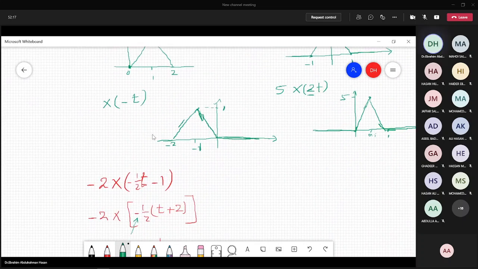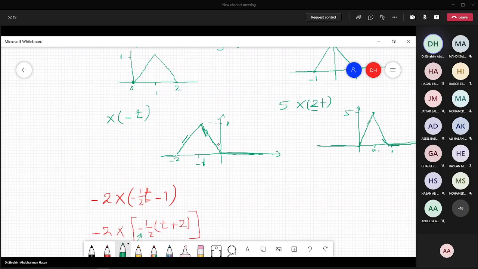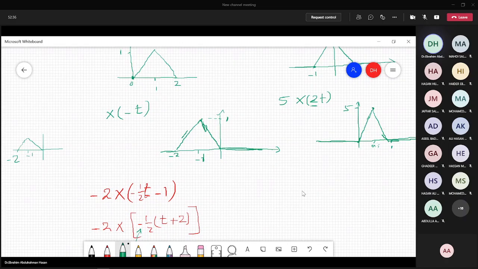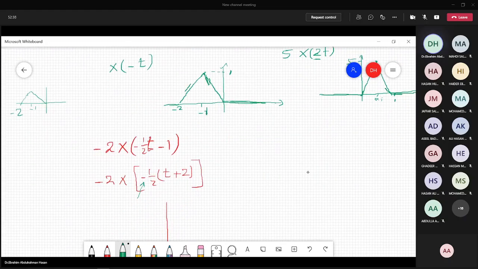Okay, part number 1, we flip it. It means that we will have this. This is minus 2, this is minus 1. Then we expand it. Okay, so this is number 1. This is number 2.